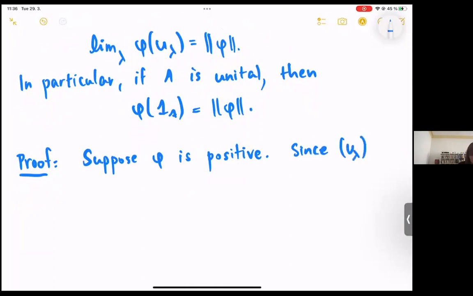So we know that our approximate unit consists of positive elements and is increasing.